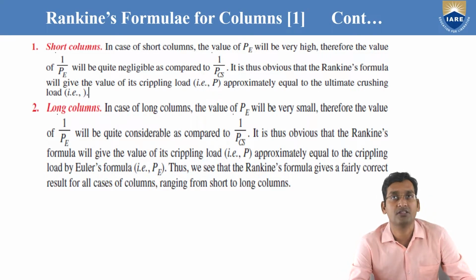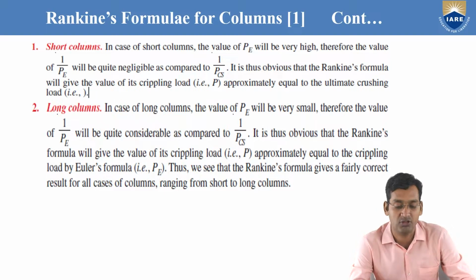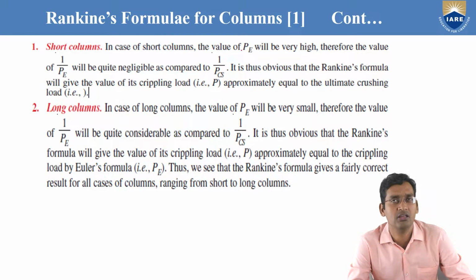First, I define the long column and short column. In case of a short column, the value of P_E will be very high, so the value of 1 by P_E will be quite negligible. If P_E is very high, definitely the reciprocal is very small, that is negligible as compared to 1 by P_CS.